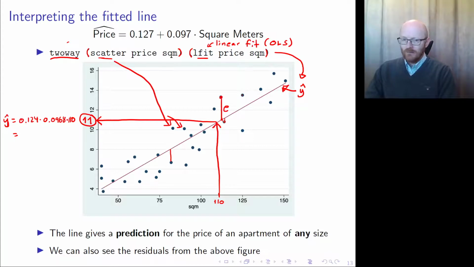Well, it may be because this specific apartment, for example, had a balcony or an extra car space, or has a better view or whatever.